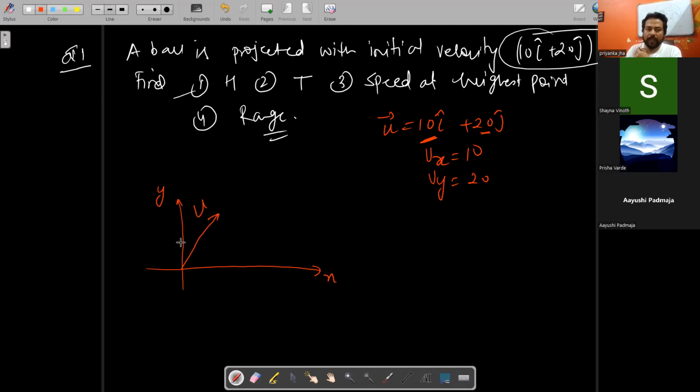This is u, this is uy, that is 20, and this is ux, this is 10. You can find this angle as well by vector addition.